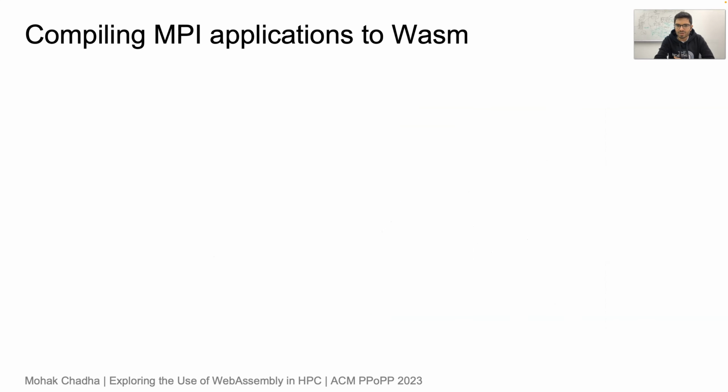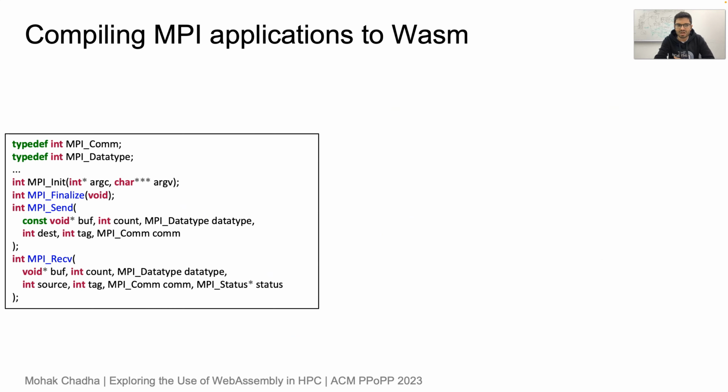We currently support C++ based MPI applications. We implement a custom header file, which can be seen on the left, that provides definitions for different MPI data types such as MPI_Op and the signatures for different MPI functions.